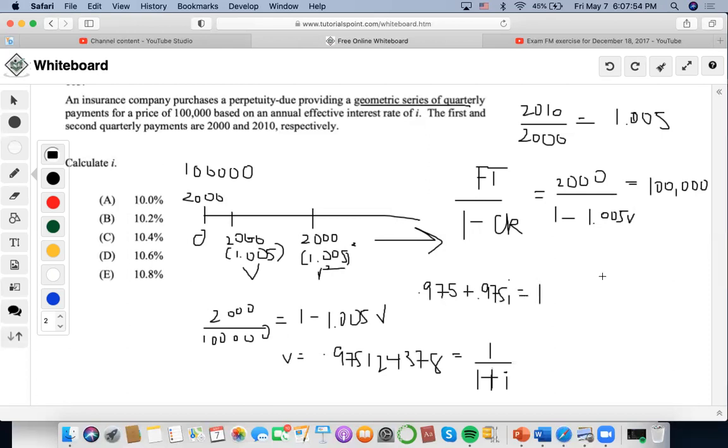Then I'm going to do 1 minus 0.975124378, and divide it by 0.975124378. And I'm going to get i equal to 0.0255100204. So this is the quarterly rate, and I want to convert it to the annual.